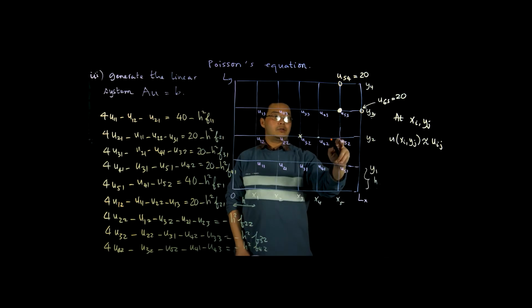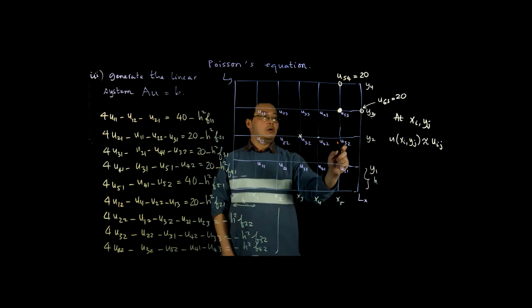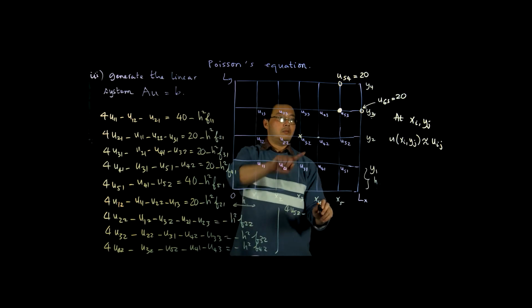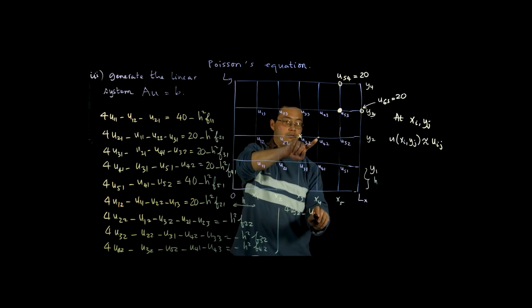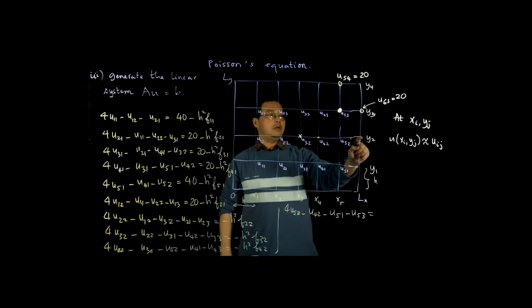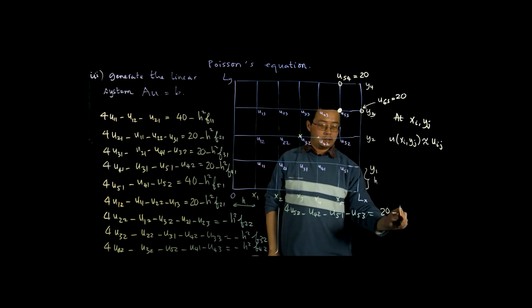And then so on. So we have U52: 4 U52 minus U42 minus U51 minus U53. And here, because we know the value here, it's just equal 20 minus h squared f52.